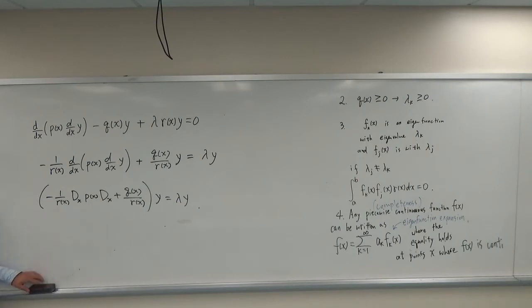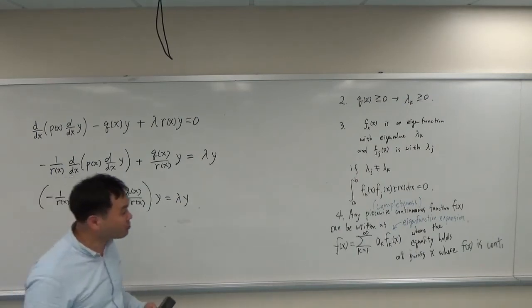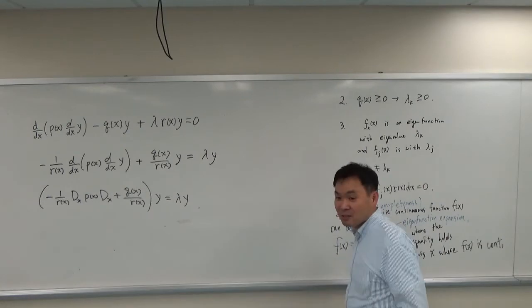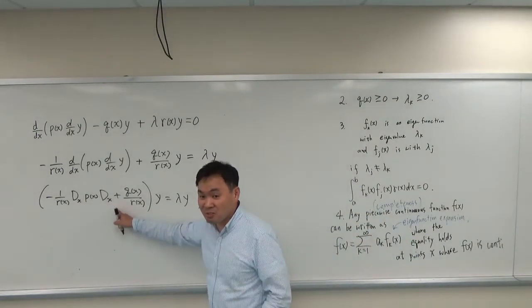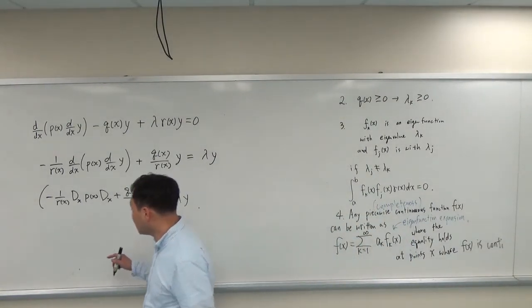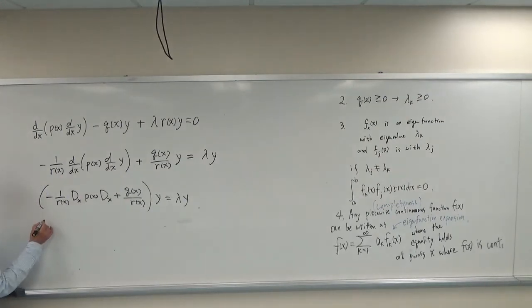Okay? All right. So what do we have to check? We have to show that this is a self-adjoint operator under the following inner product.